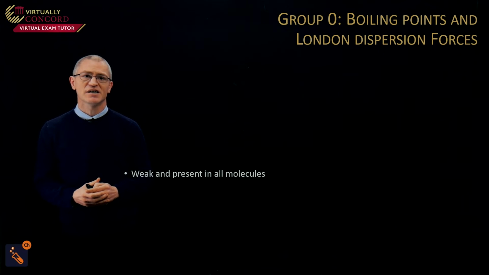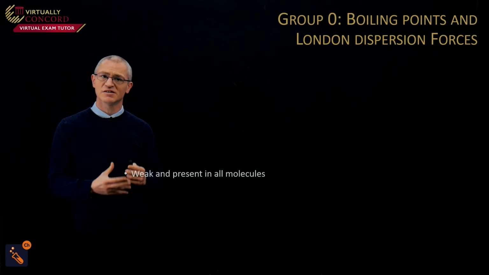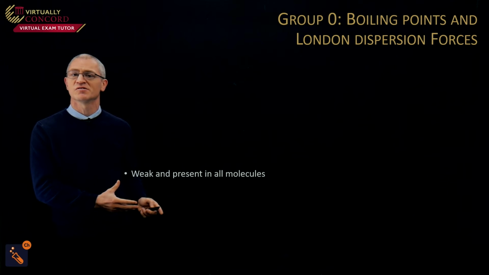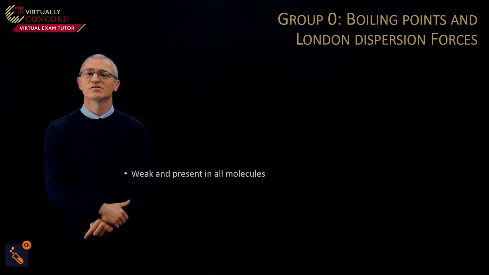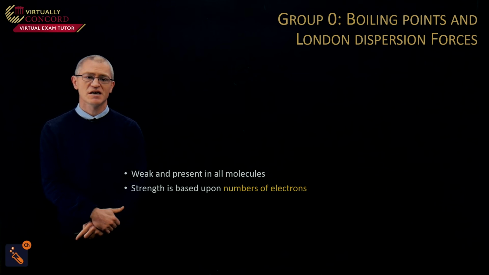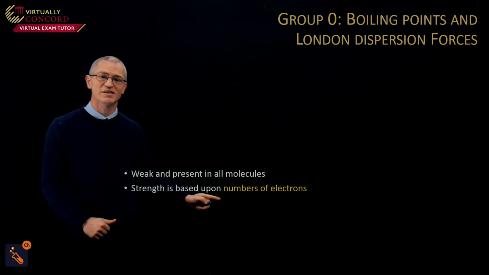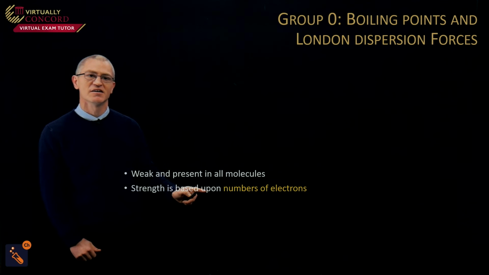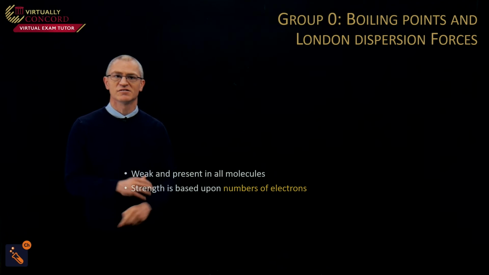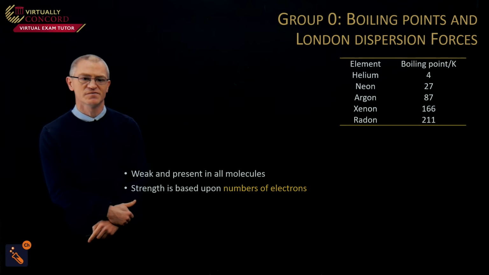Now, let's look at how this affects the boiling point. So first of all, the London dispersion forces are weak and present in all molecules. So we get the instantaneous dipoles and the induced dipoles in all molecules, okay? The strength is based, though, on the number of electrons, and that's really important. That's an exam answer. Number of electrons is where you need to look, okay, to decide on the strength of these London dispersion forces.